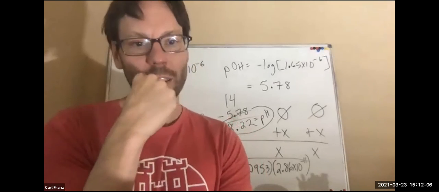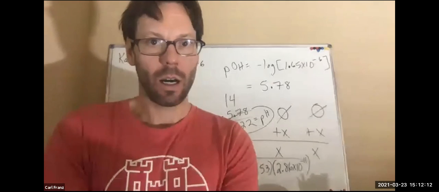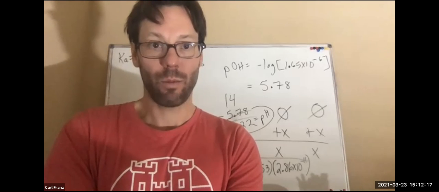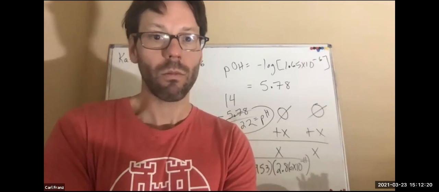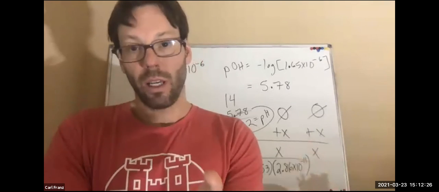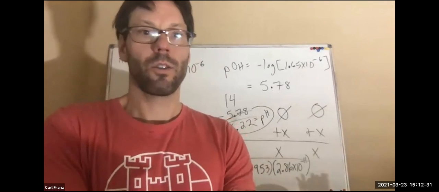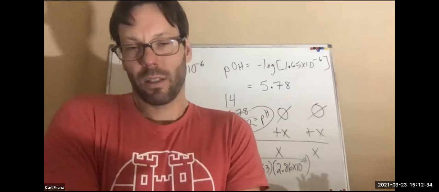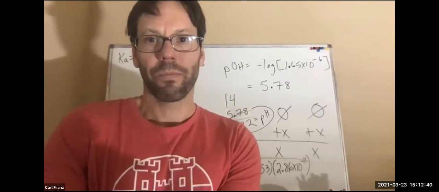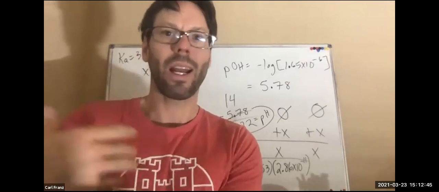Okay, so the next one, same thing basically as what we did in B. So KBr, potassium bromide, is neutral. Sodium benzoate is going to be our conjugate base. So for B, when we kicked off the potassium, you can kick off that sodium when you write out your expression.